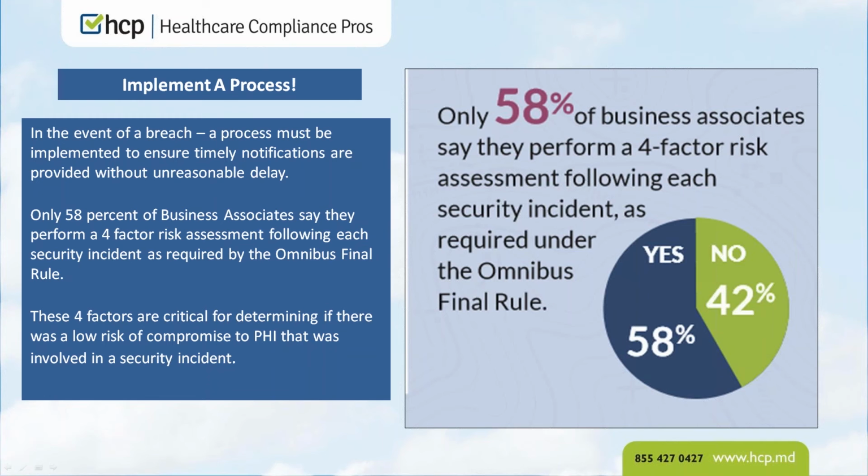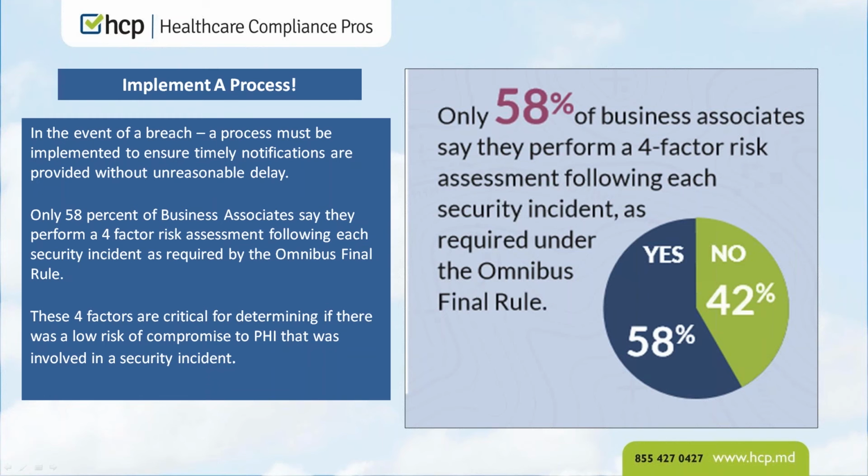Each circumstance where PHI has been inappropriately handled is presumed to be a breach unless the covered entity or the business associate can demonstrate that there is a low probability that the protected health information has been compromised. And there are some exceptions that will allow you to look at the circumstances and then provide notes on how you've demonstrated that there really is a low probability.